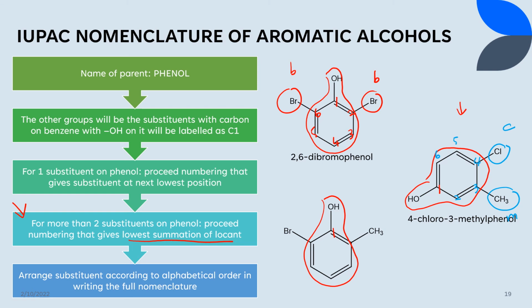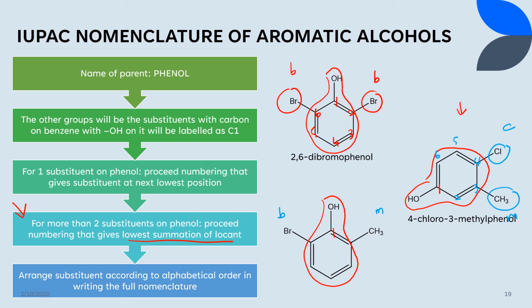And lastly, we have B for bromo and M for methyl. Here you must choose whether to proceed numbering to the left or to the right. If you start to the left, bromo is at position two. Start to the right, methyl is also at position two. But since they are not identical, not the same element, here you have to consider alphabetical order.